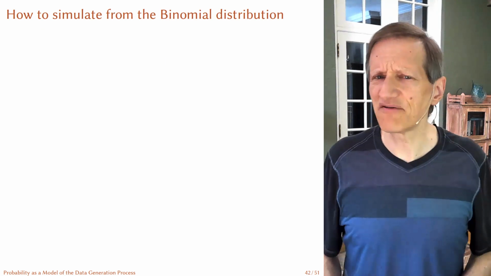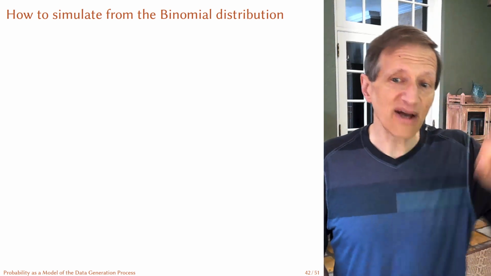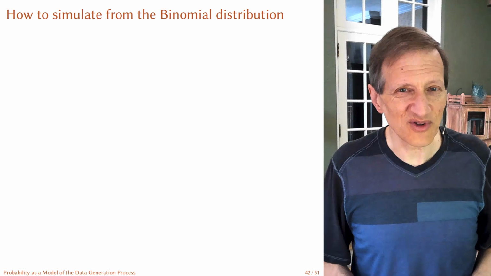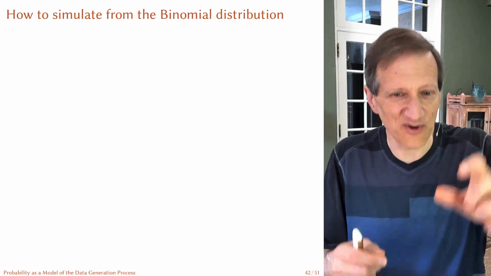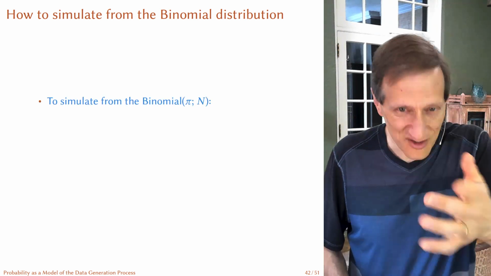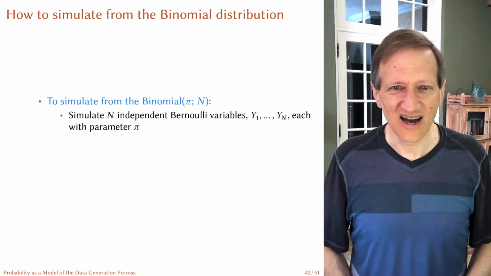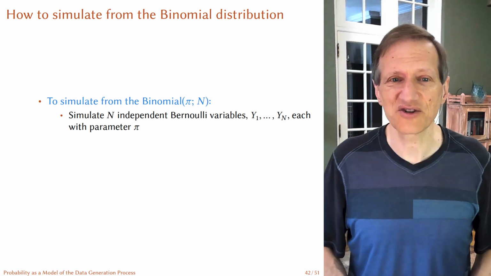Okay, how do you simulate from the binomial distribution? Remember, we simulated from the Bernoulli by simulating from the uniform and translating those into Bernoulli. Now we're going to simulate from the binomial by simulating from the Bernoulli, which we simulated from the uniform. See, here's how it works. To simulate from the binomial, I changed notation just to keep you focused on the concept rather than on the notation.